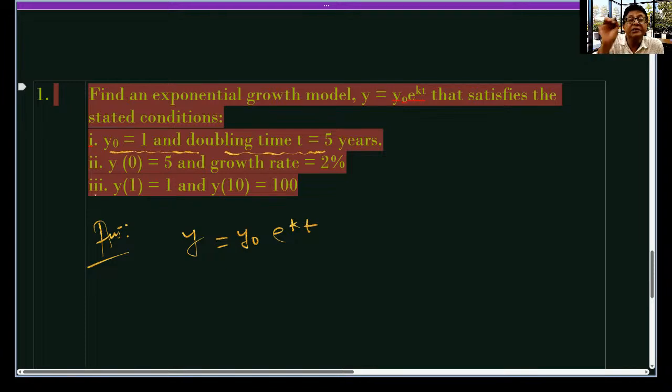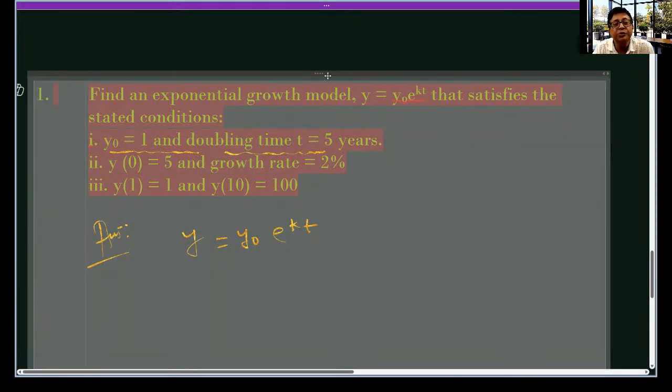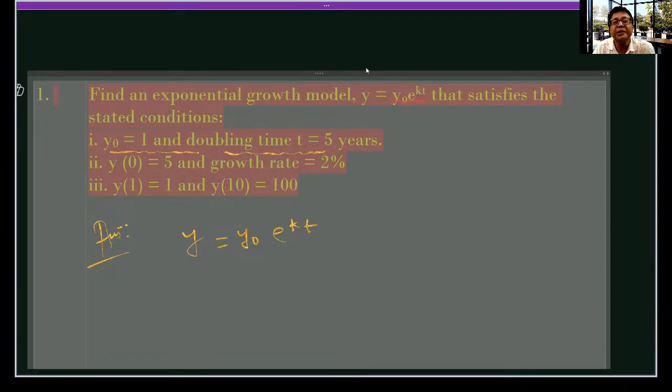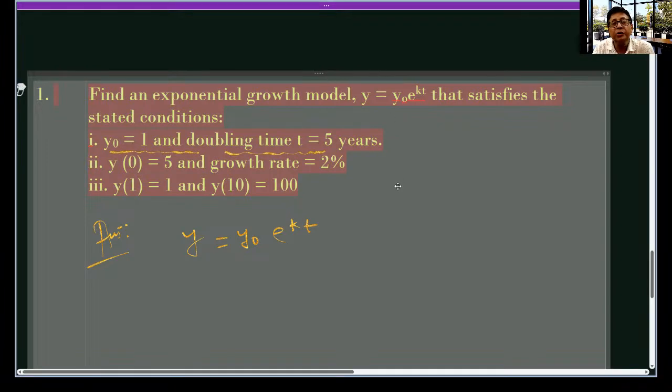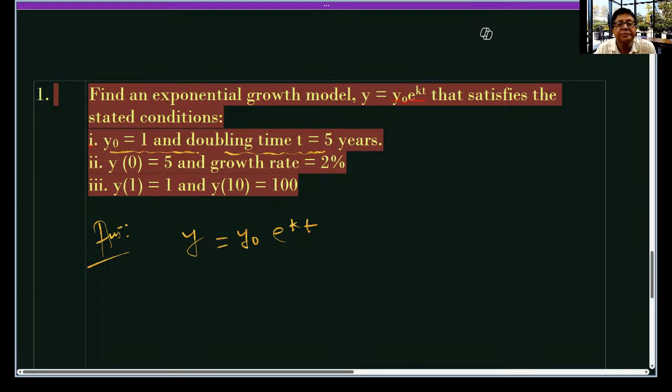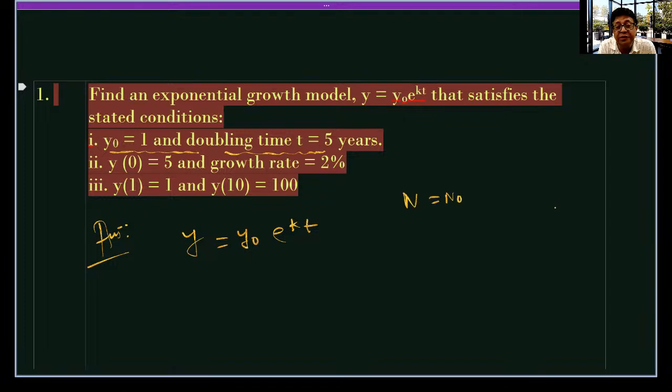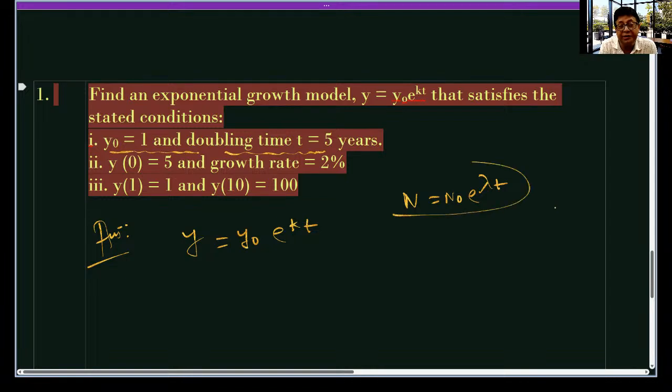First tell me, does this come under the category of growth or decay? Obviously growth, because it is stated there, this should be a growth model. This equation we got in the form n equal to n0 e to the power lambda into t, or k into t, whatever you say; k is given here.